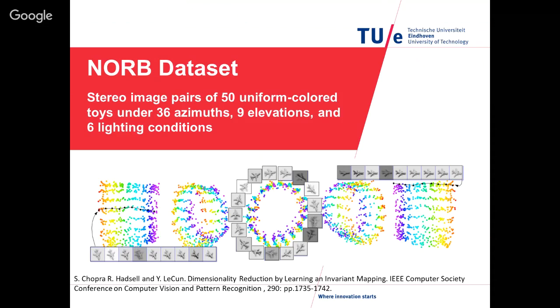The NORB dataset is a set comprised of stereo image pairs of 50 uniform-colored toys under 36 azimuths, 9 elevations, and 6 lighting conditions. Now, these images that you can see here are from the article on dimensionality reduction by learning an invariant mapping. And why are we choosing this dataset?